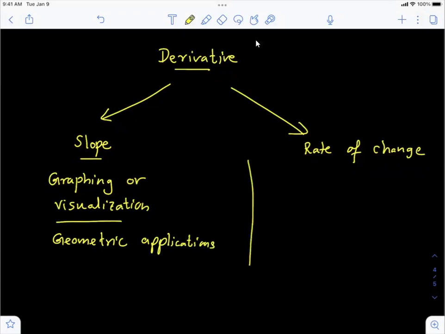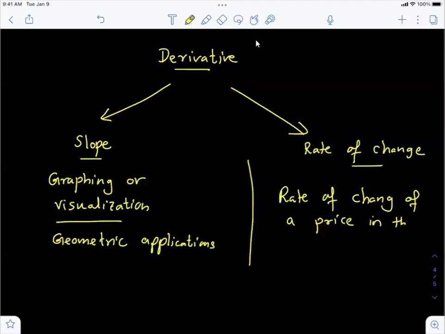And then when you consider the rate of change, you're going to see the real world applications, like let's say rate of change of a price of an object, of a certain commodity in the market, right?